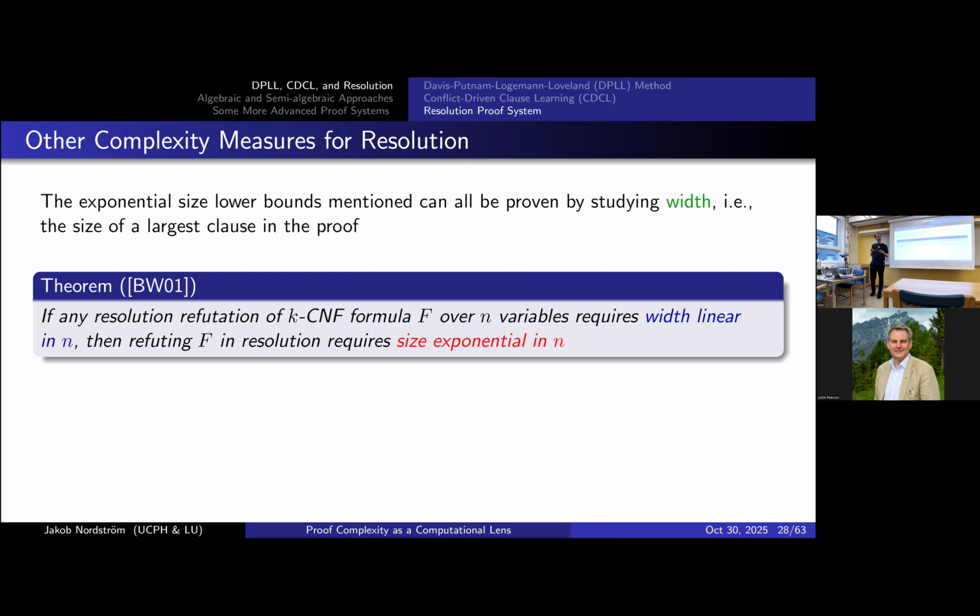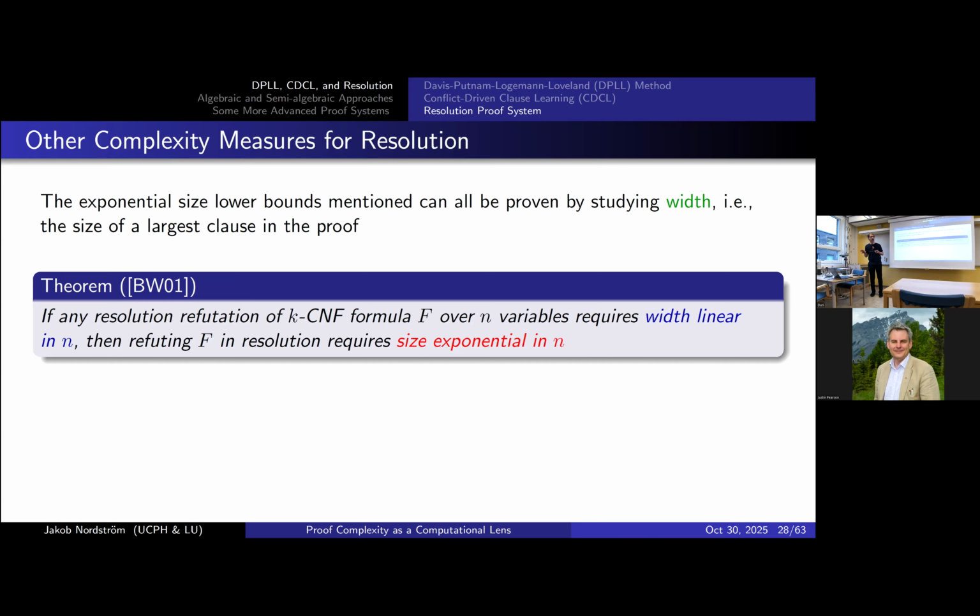And there's a result by Ben-Sasson and Wigderson that says the following: if I have a k-CNF formula over n variables, and I can prove that in any resolution refutation, I don't know anything about the length of the refutation, but there has to be somewhere a clause of at least linear size, then this implies an exponential lower bound. This is a general result, and once you know this, to prove resolution lower bounds, you just have to prove width lower bounds.